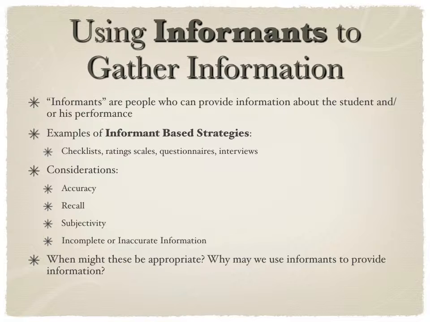So a strategy can be both informal and informant, in terms of administering a checklist, a questionnaire, conducting an interview. But be aware that rating scales are a way of gathering informant information and also having that standardized or quantified in a way that we would know information about the technical adequacy of that instrument.